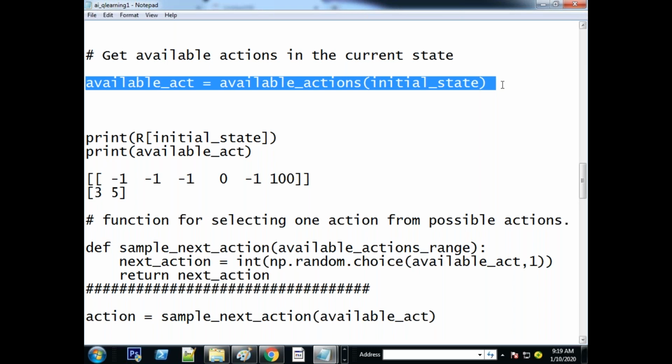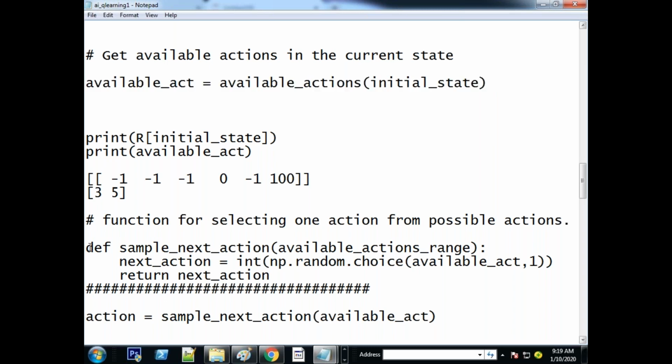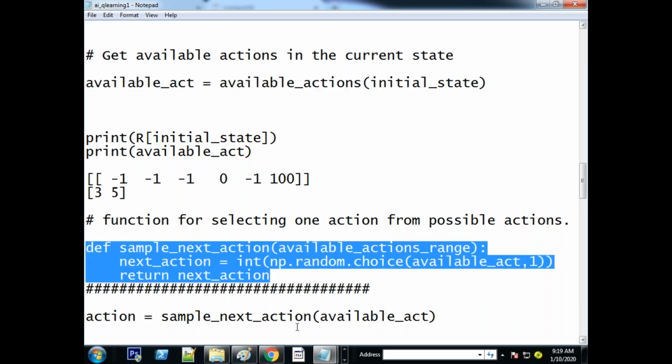Completed. Let's execute up to now. Sample next action is the function first.